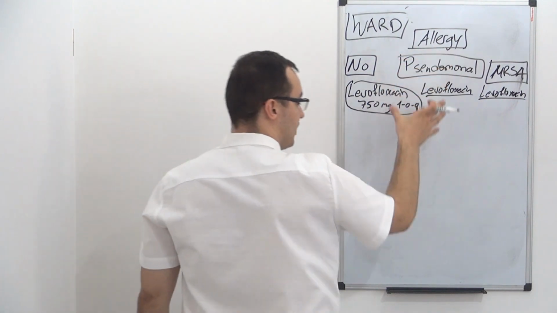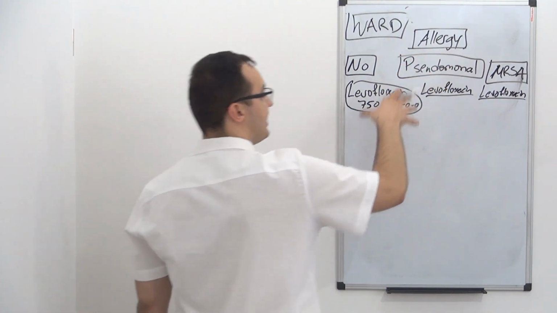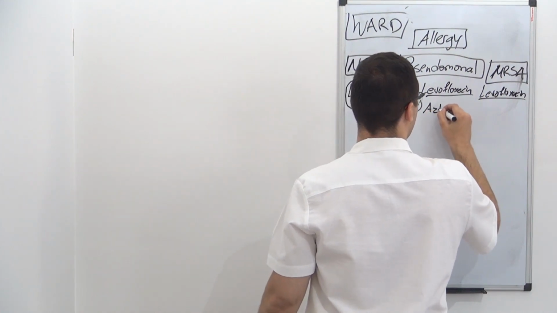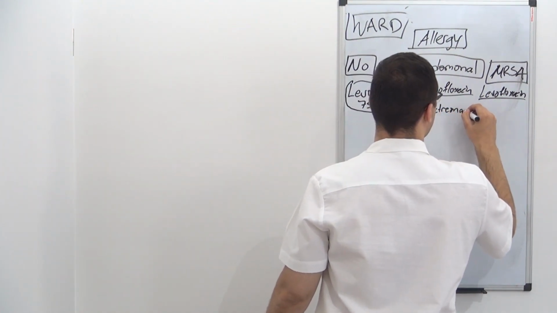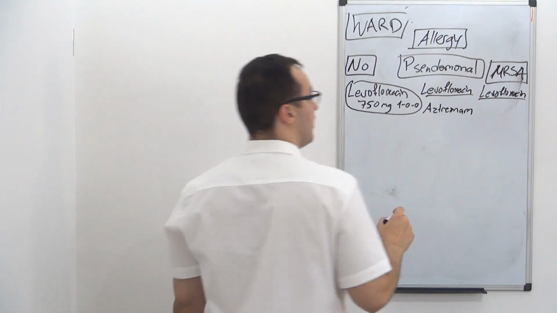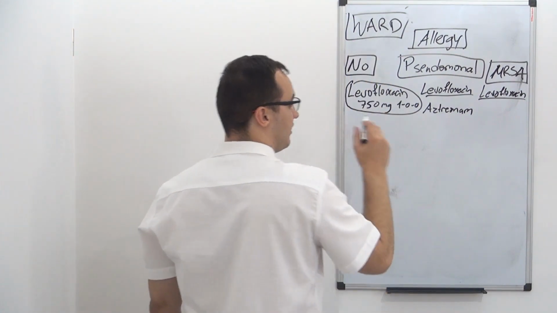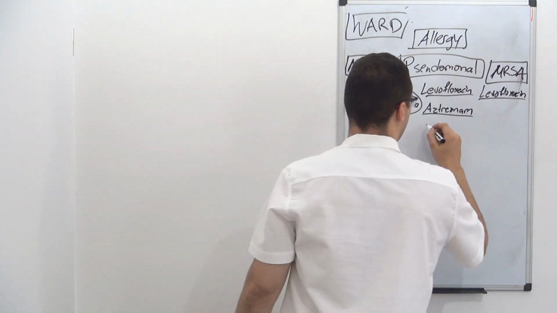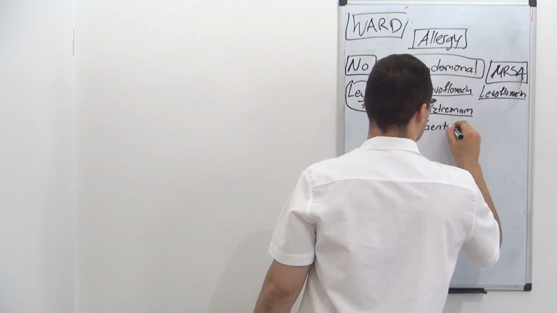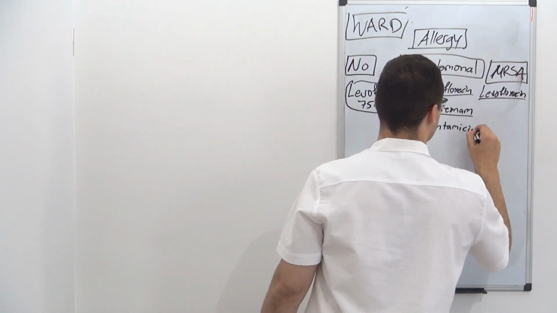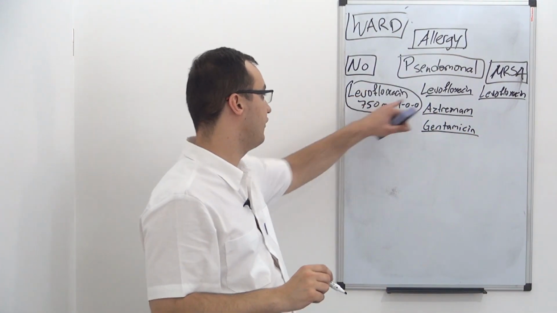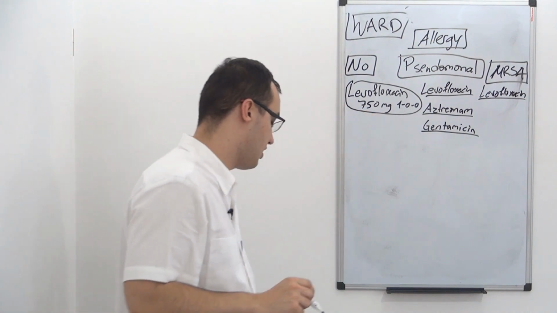But for pseudomonal, I need to add something. And this is called Aztreonam. And I also need to add an aminoglycoside, which is, for example, gentamicin. So for pseudomonal, we have levofloxacin 750 milligram once daily.